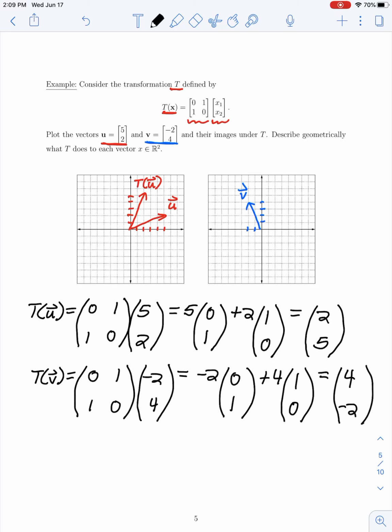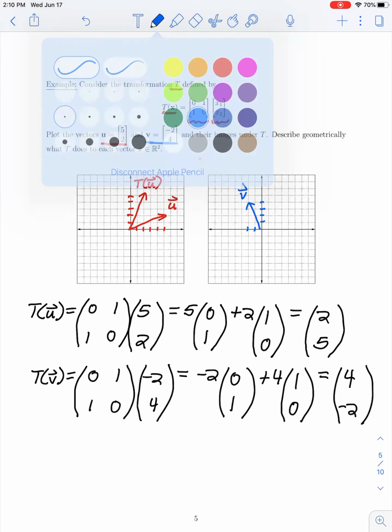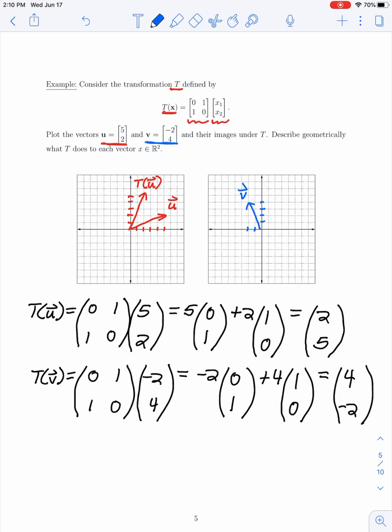So as with u, where the image reversed the components of our vector, for the vector v, negative 2, 4, the image was 4, negative 2. So let's sketch its image. So now we are moving 1, 2, 3, 4 units to the right and 2 units downward. So this would be the image of the vector v under that transformation.